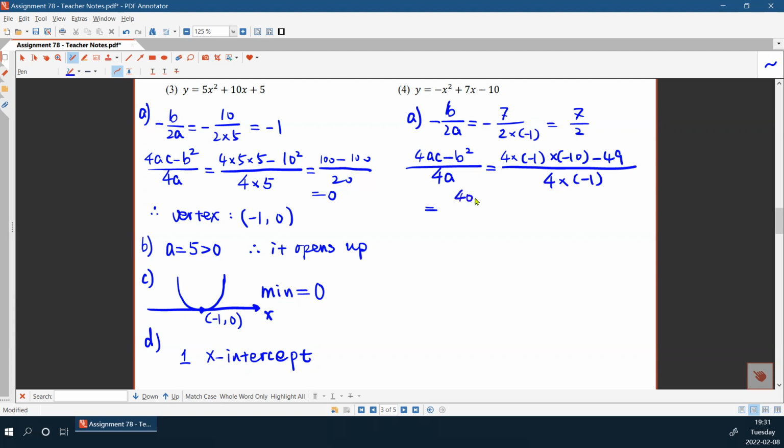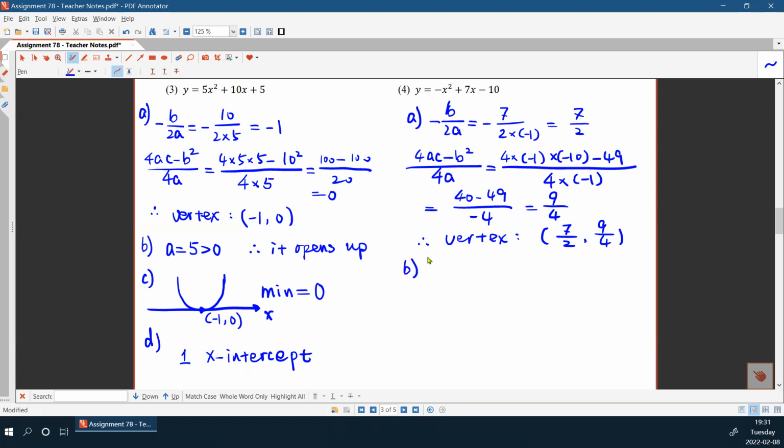And this is (40 minus 49) over -4, which is 9 over 4, right? And therefore, the vertex is (7/2, 9/4). Okay, so these are the coordinates of the vertex.